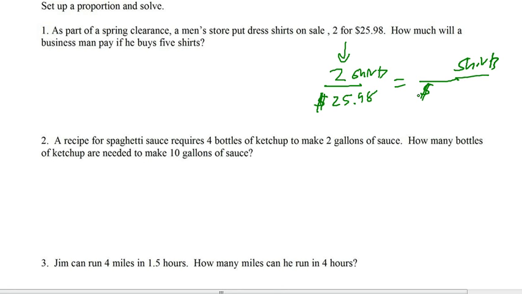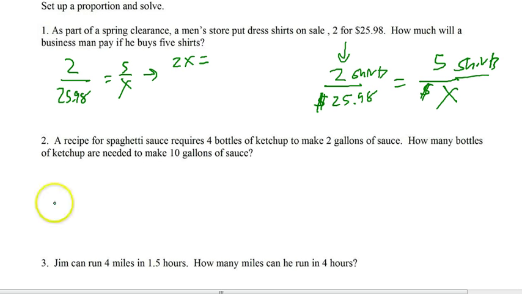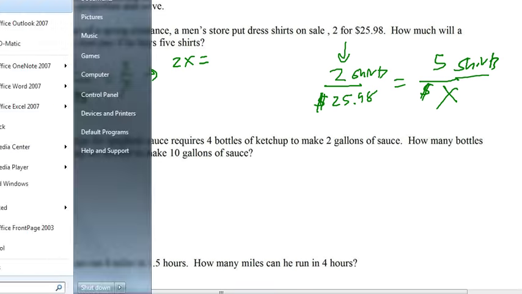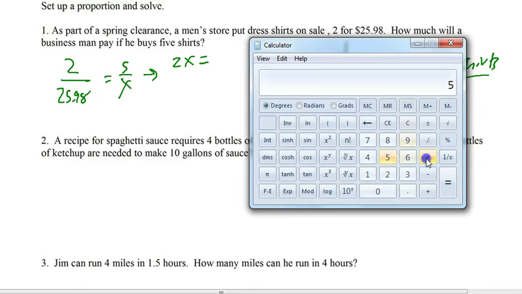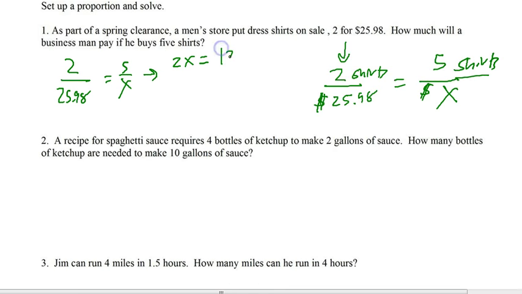So let's look at the rest. How much will a businessman pay if he buys 5 shirts? So does that go on top or bottom? On top. And that means we're looking for the price. That's what it said, how much. So now we can take our ratio that we know is correct, cross multiply. So 5 times 25.98 is $129.90.